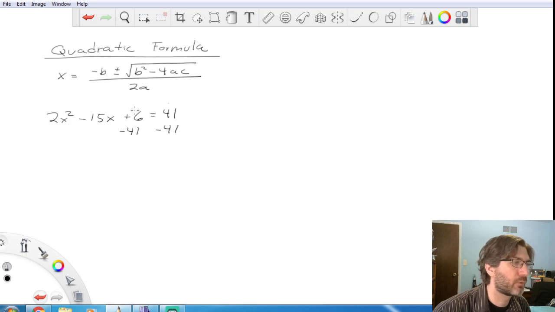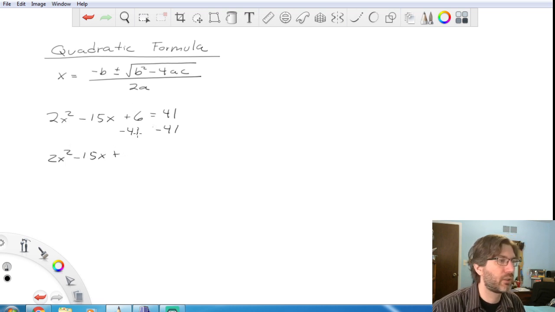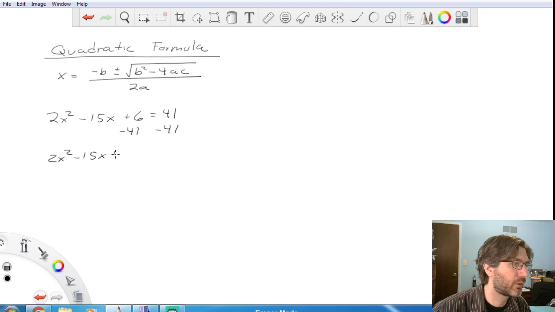So we subtract 41 from both sides and get 2x squared minus 15x plus 6 minus 41, which gives me negative 35. So this becomes negative 35, and that equals 0 now.